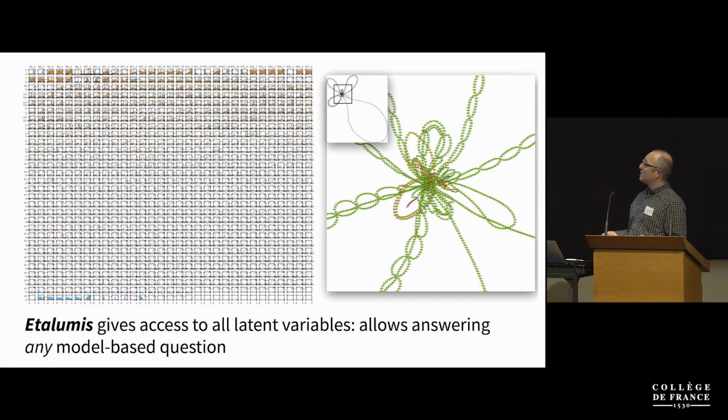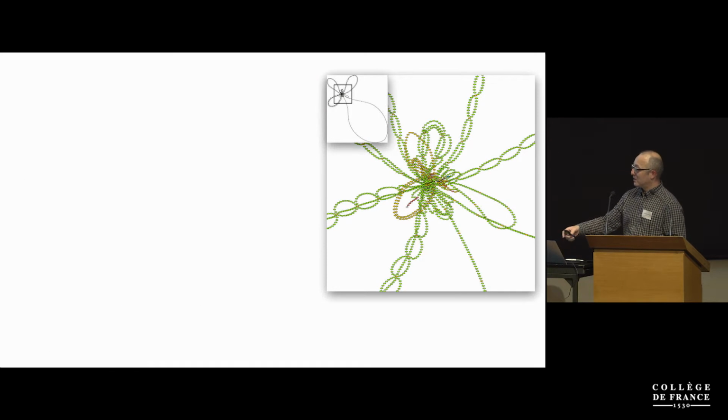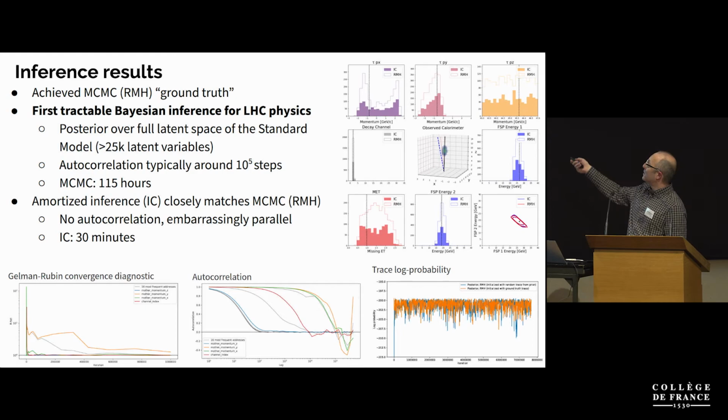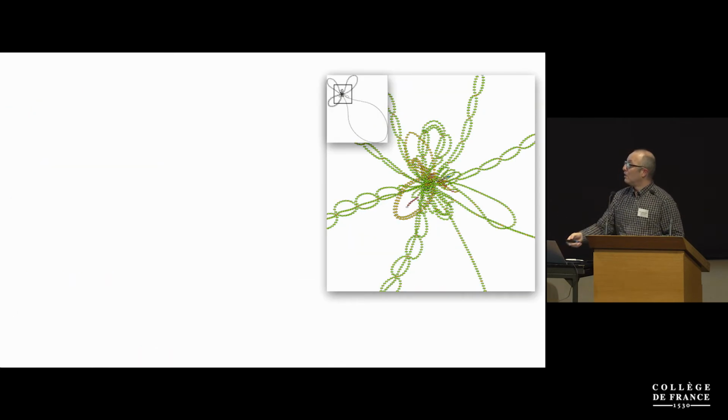Initially, things were a bit difficult, almost ridiculous. In this sort of result we have a handful of posterior plots of some interesting quantities in the simulator. But these are just a selection of latent variables over which we have posteriors.